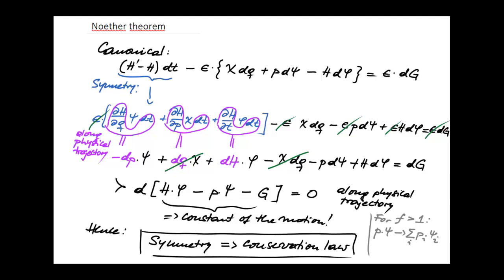And of course then the functions that characterize the shift in extended phase space, the psi's and the chi's, get indices because for each component of your coordinate you have a different shift.